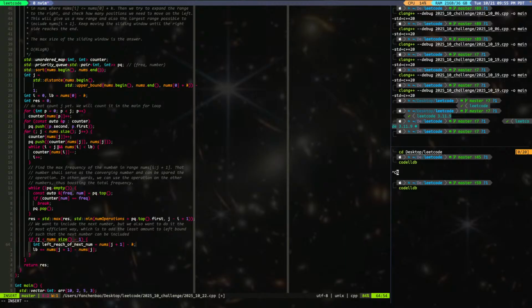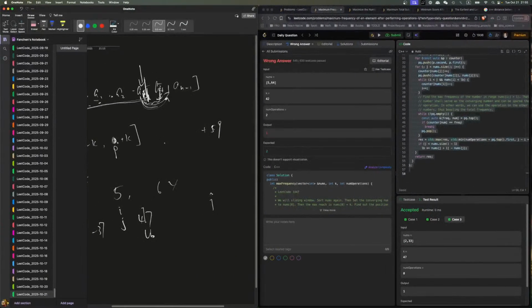Now I is smaller, so we need to check if it's smaller than 59. But that's not true, right? This is the left bound. It should be 59 minus 42, which will give us 17.